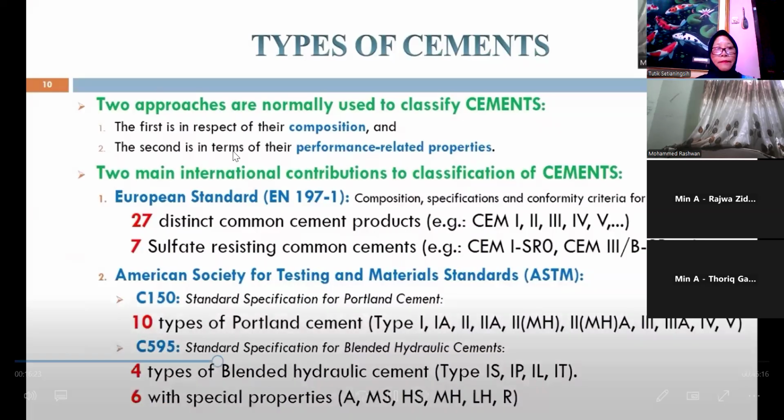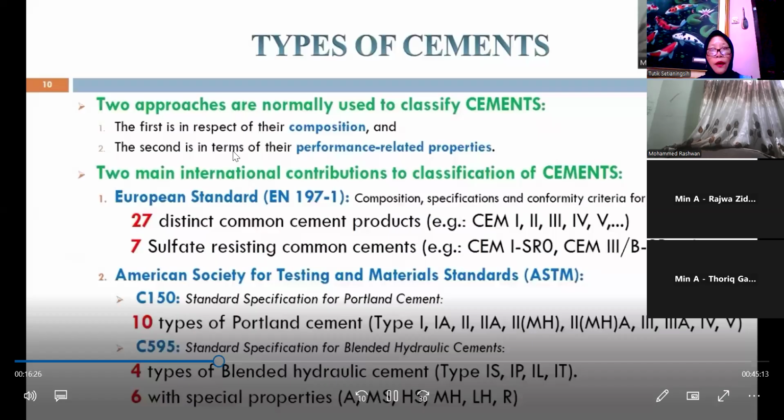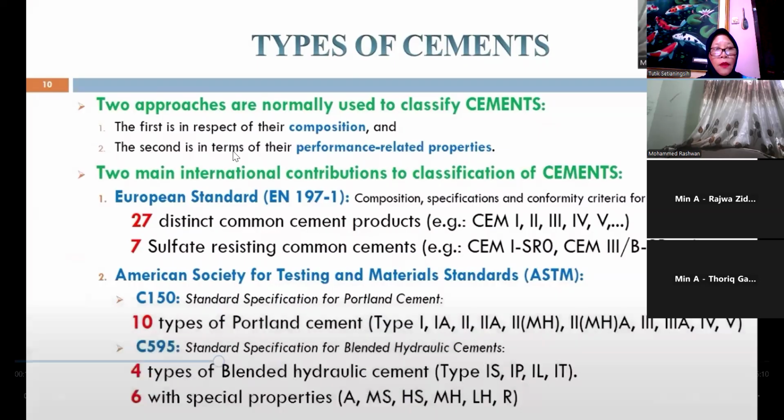Two international classifications of cement are widespread. The first one is the European standard EN 197-1, titled Composition, Specifications and Conformity Criteria for Common Cements. According to this standard, there are 27 distinct common cement products.